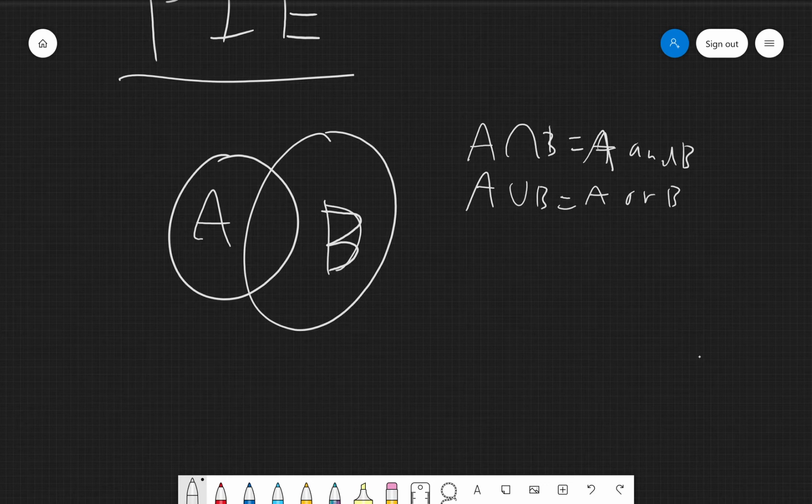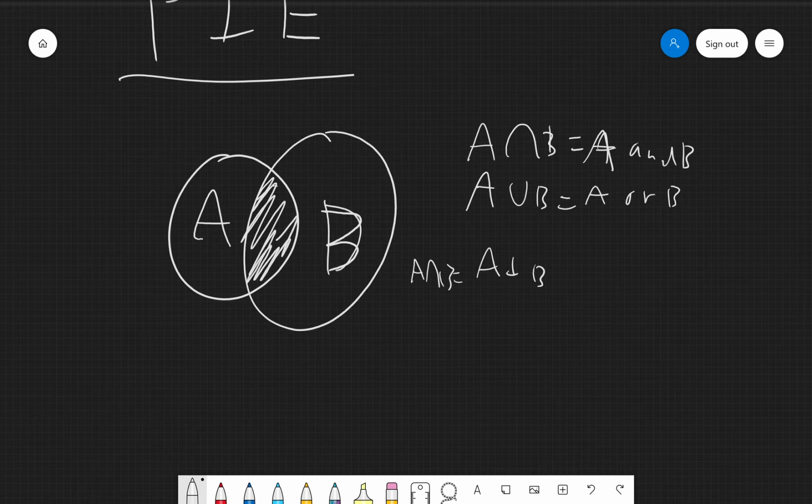Now how can we solve for them using some formula? You might think that A union B is just equal to A plus B. But that's wrong, because we forgot about the section in the middle.